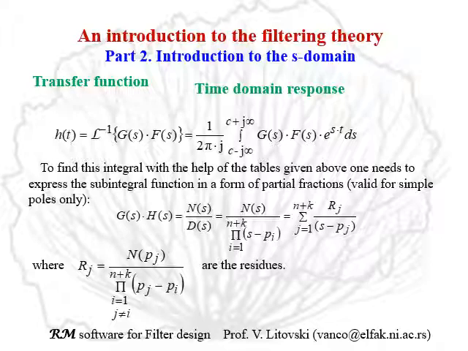So we see on the right hand side the summation goes over the poles of the excitation, which is G of s, and the poles of the transfer function, which is H of s.